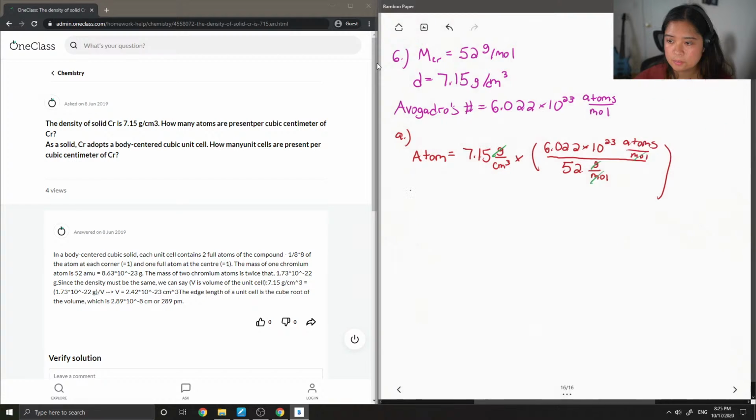And then for the number of atoms, all you have to do is plug that all into your calculator, and you should end up with 8.28 times 10 to the 22. And then the units are now in atoms per centimeter cubed.